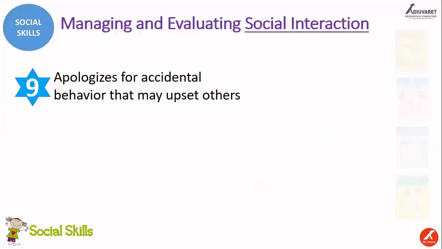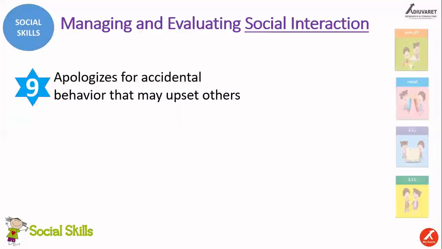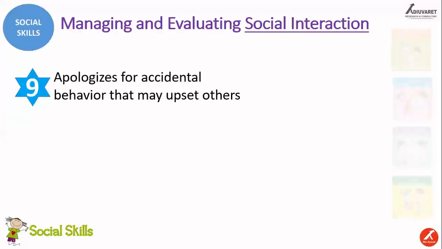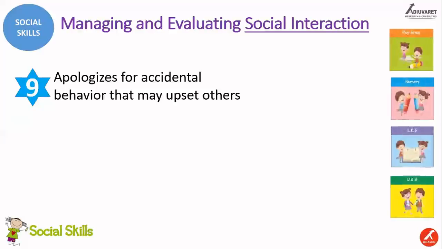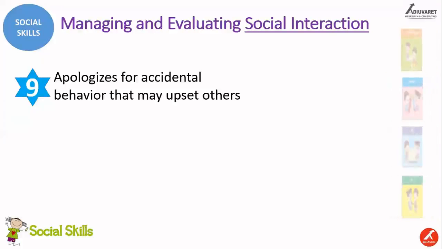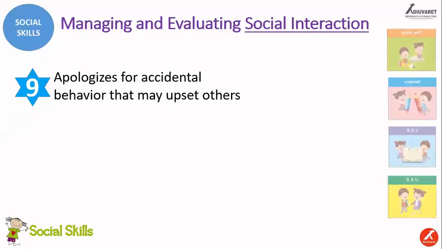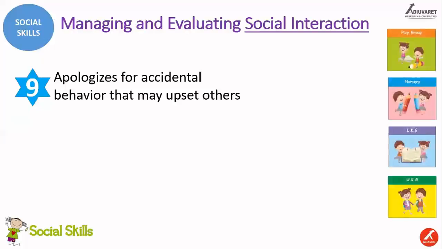is that the child must apologize for accidental behavior that may upset others. Children are naughty. Children are hyperactive sometimes. Children want to play. Children want to use all these things well in advance. So one thing is that we are making them systematized and disciplined, but still sometimes it doesn't work.